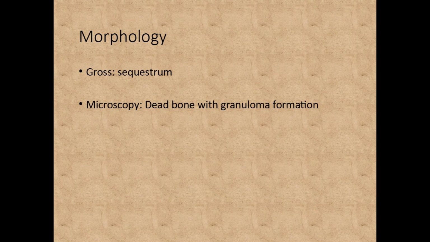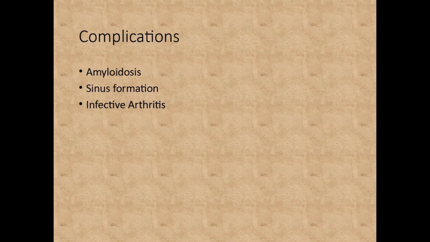So you are supposed to see a granuloma. Complications are more or less the same. One additional complication is deposition of amyloid material. So amyloidosis is an additional complication of tuberculous osteomyelitis.